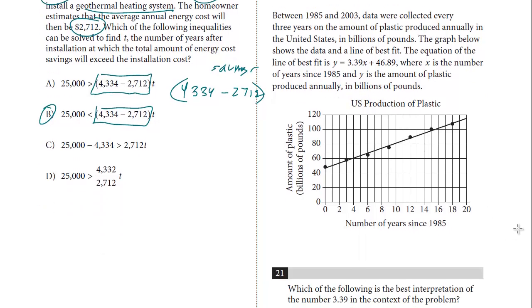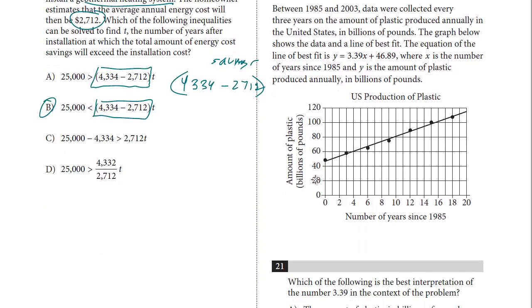So let's take a look at the graph. On the Y, we've got the amount of plastics in billions of pounds and number of years since 85 on the X. At this point with 0, this is 0 years since 85. It's 1985. And then we're increasing number of years. This would go all the way up to 2005.